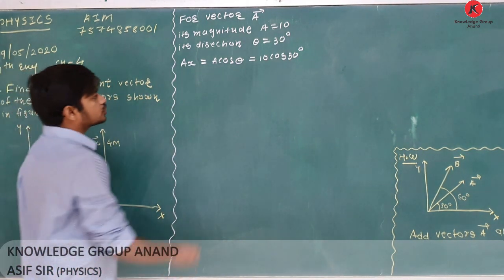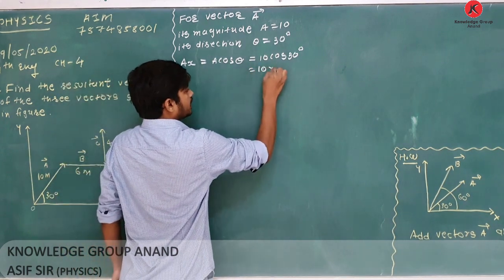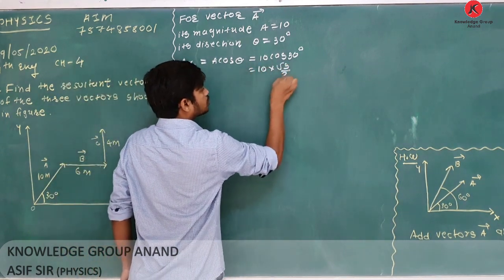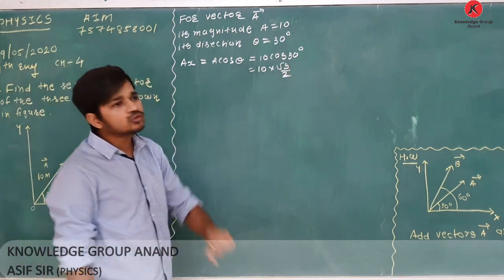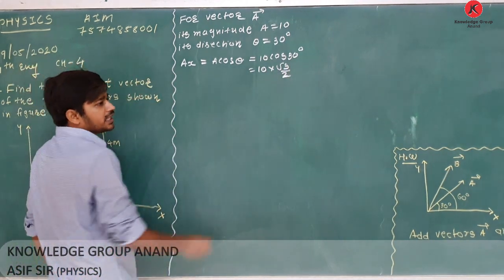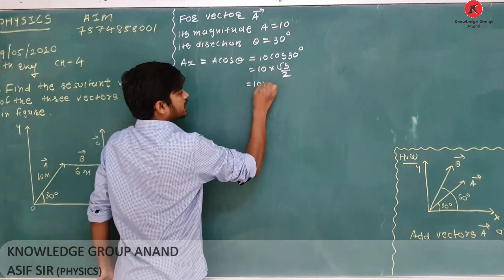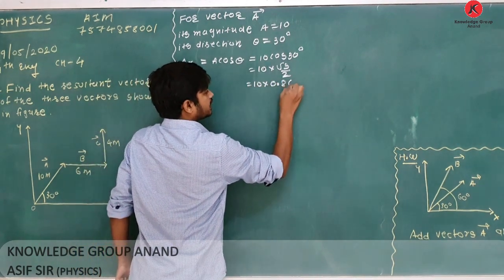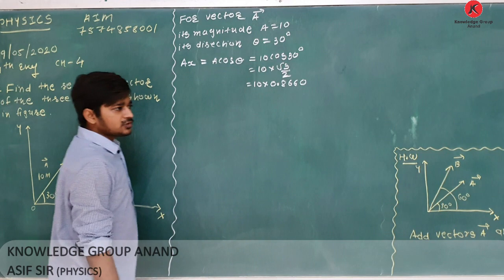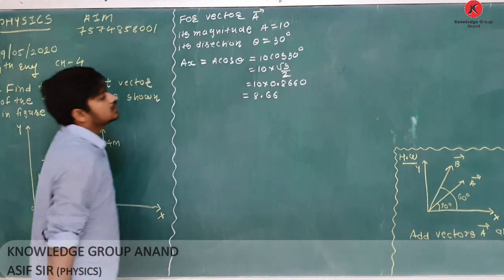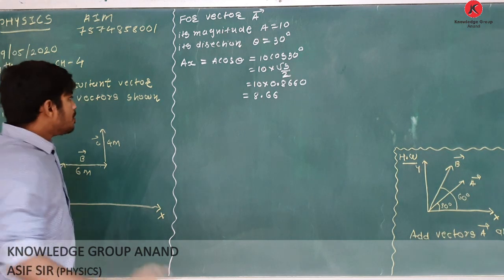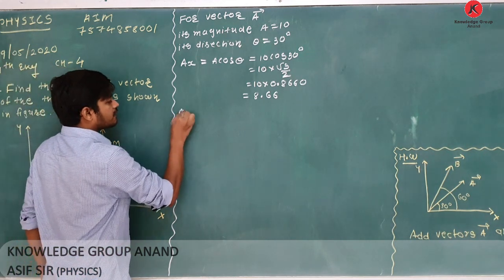Cos 30 is root 3 by 2. So it is 10 into root 3 by 2. Root 3 by 2 is 0.8660, so it is 10 into 0.8660, and the answer is 8.6. Clear about this?